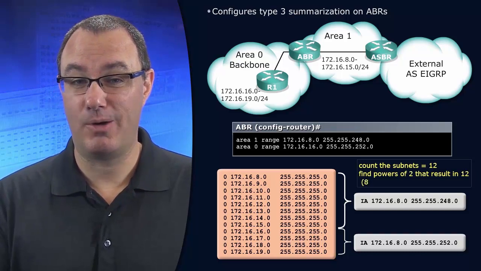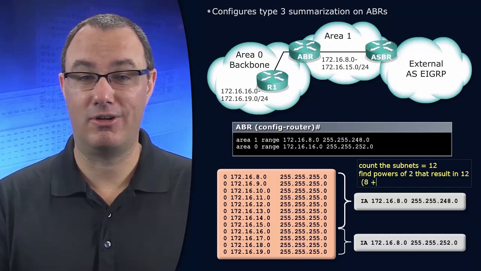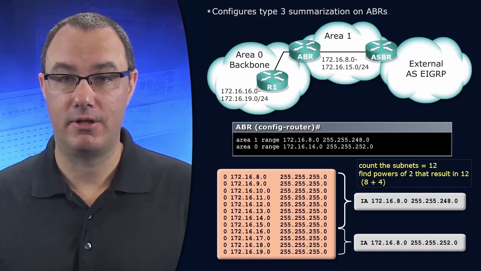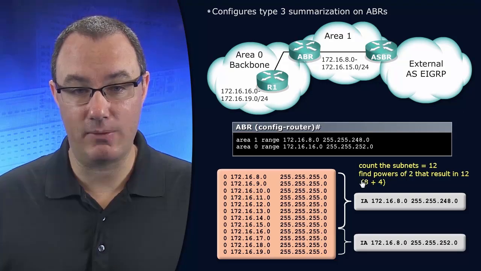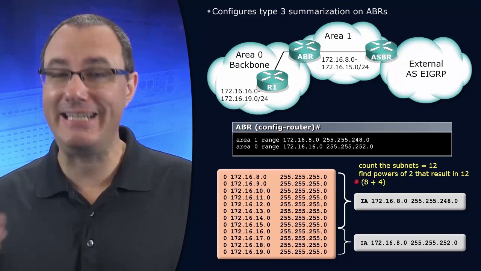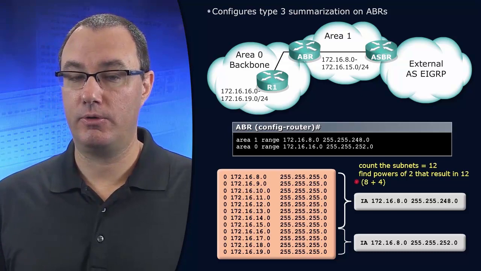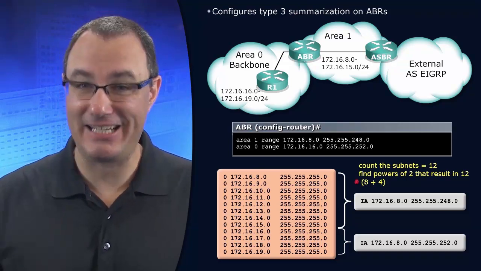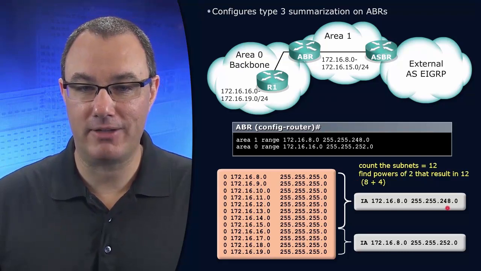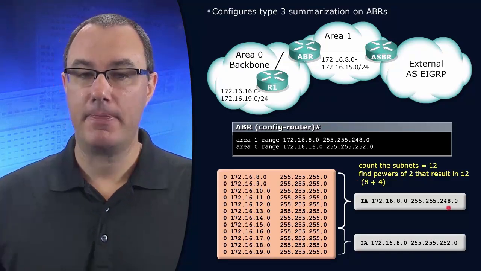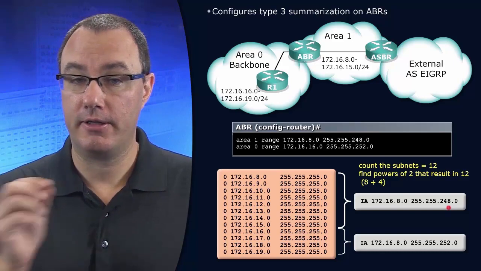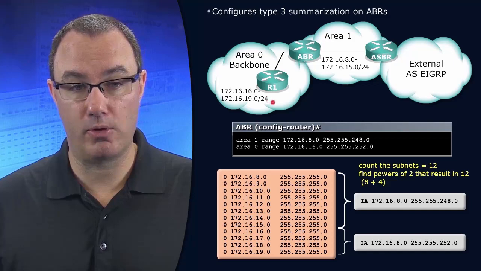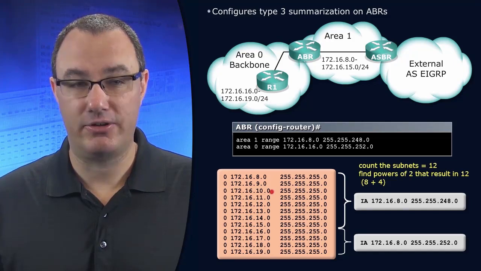I could think I want to build a summary that gives me 8 routes plus a summary of 4, which will then summarize. And then the way to build a summary for 8 routes is to peel back 3 bits, which give me 2 to the power of 3 subnets, which is 8 subnets. So this mask that we see here, 248, is 3 bits shorter than the original mask, and therefore would summarize 8 subnets.